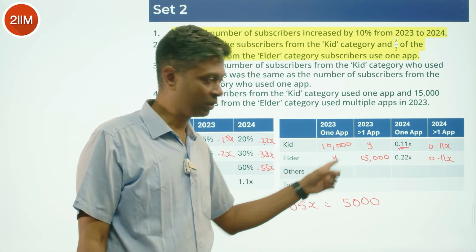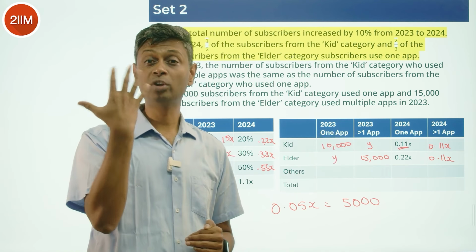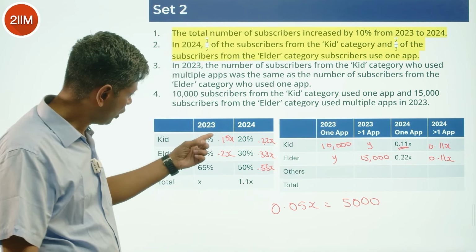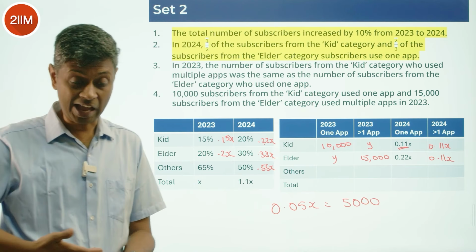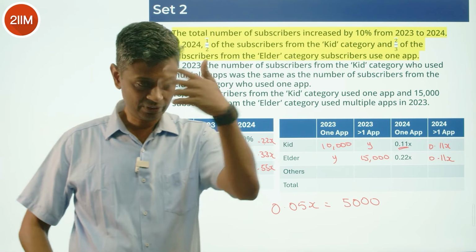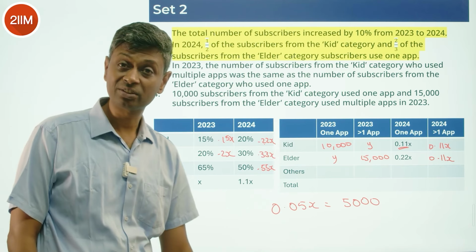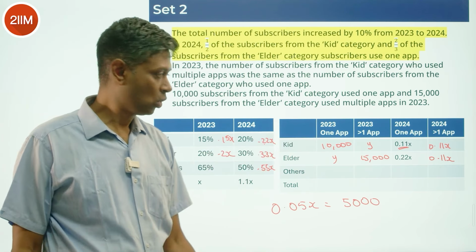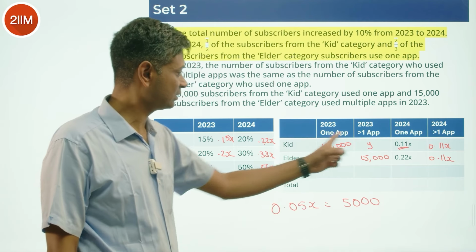One is 10,000 plus Y, other is 15,000 plus Y. 5,000 more elders are there in 2023. 0.15X is kids, 0.2X is elders. So 0.05X is the additional, that is 5,000, or X is 100,000. Okay, done. The total number is 100,000. Overall is 100,000, so 0.15X is 15,000.